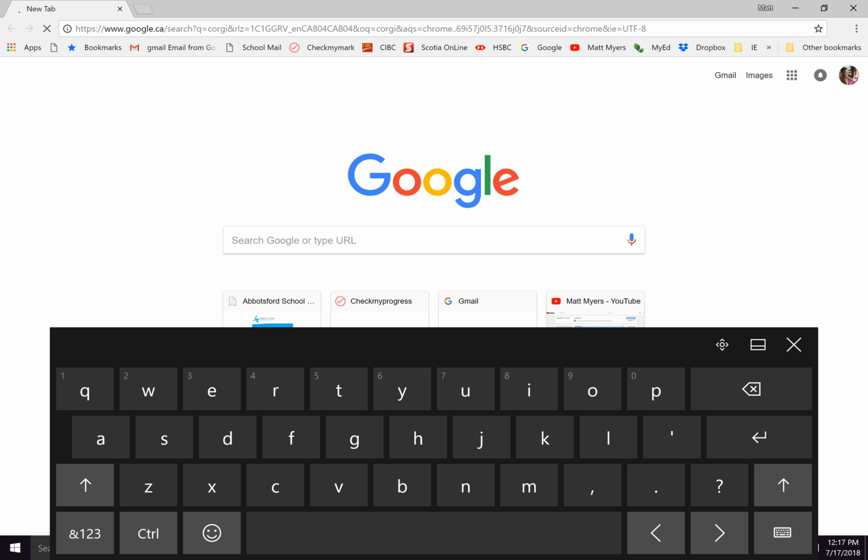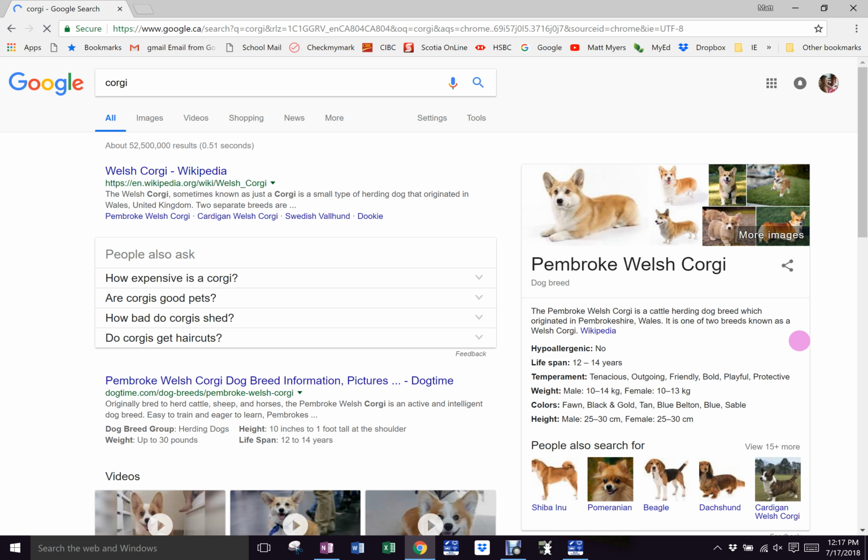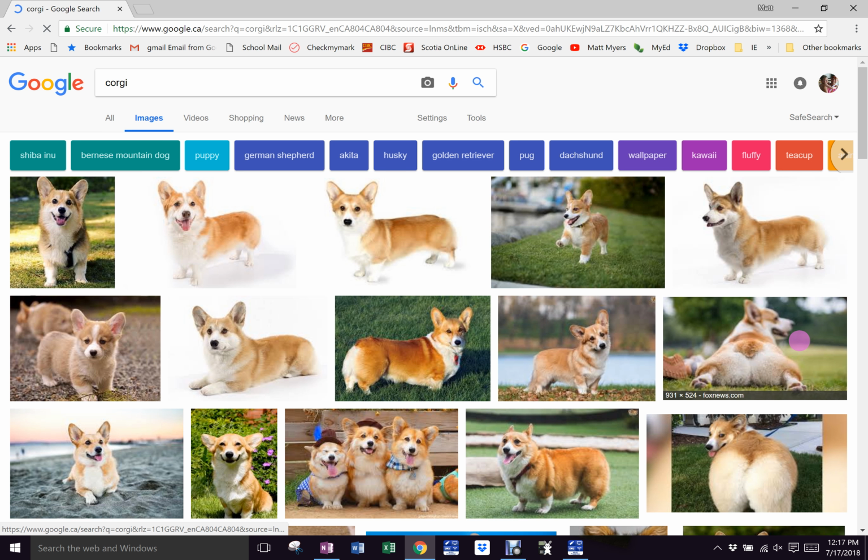Corgi. Those are corgis. I'm not a big fan of them, but the Queen loves them. They're kind of like a wiener dog. They look a little like a regular dog, but they got short legs. The Queen loves corgis. Look at that rump on that one.